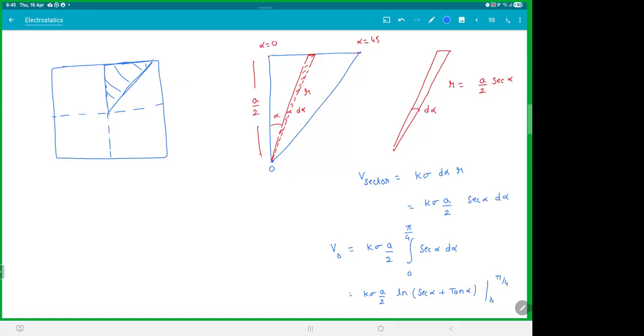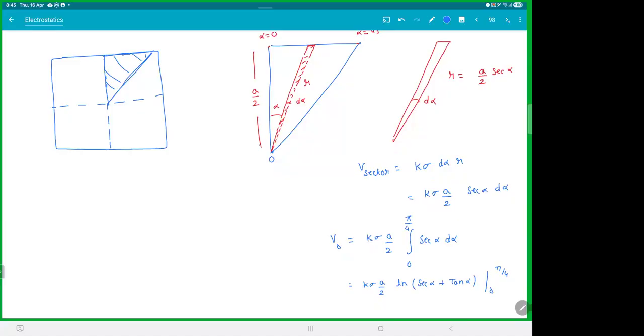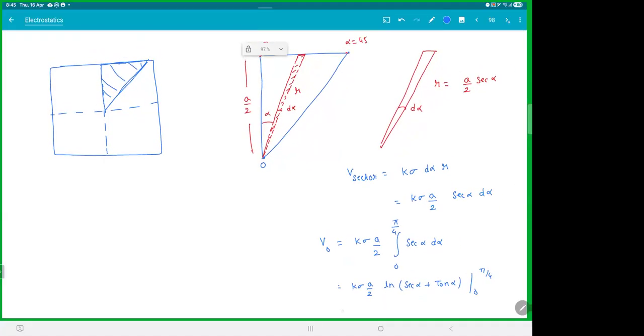So you will end up with K sigma a by 2 ln root 2 plus 1. But remember, this is only due to 1/8 of a plate. So potential at the center due to the entire square will be 8 times K sigma a by 2 ln root 2 plus 1. That's 4.